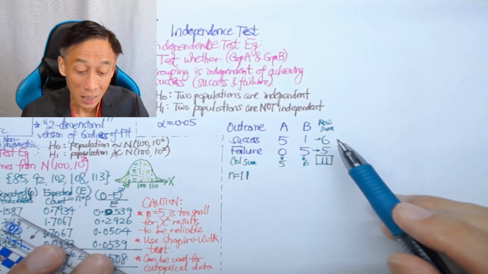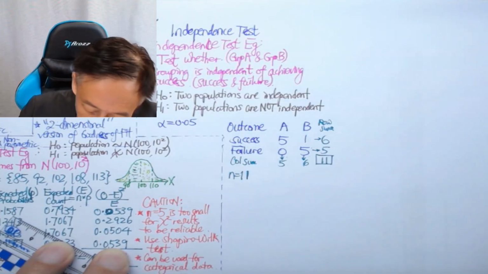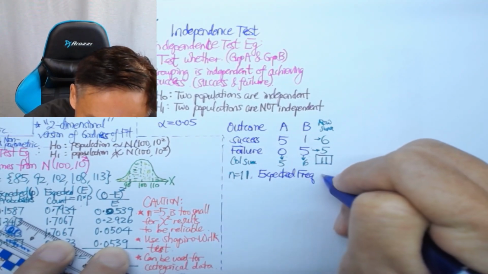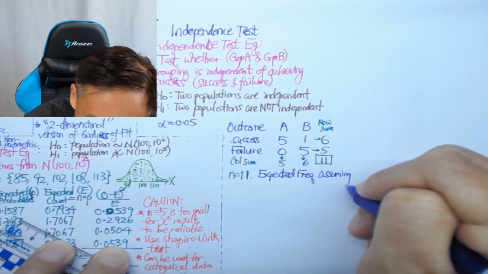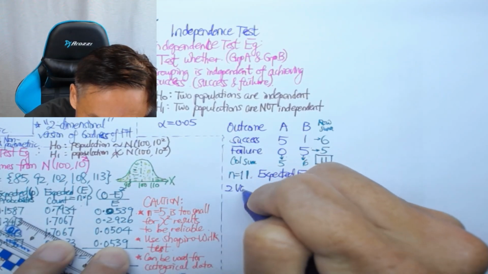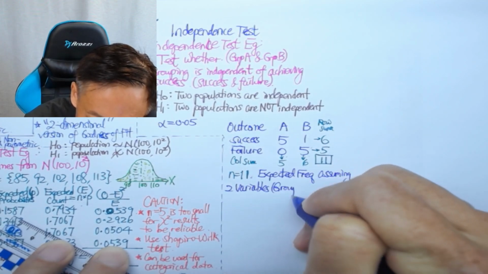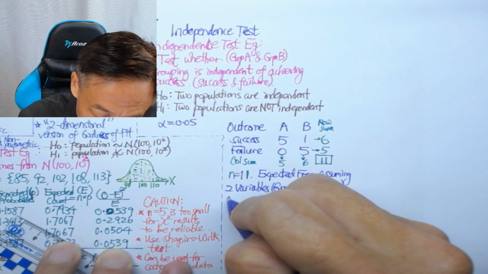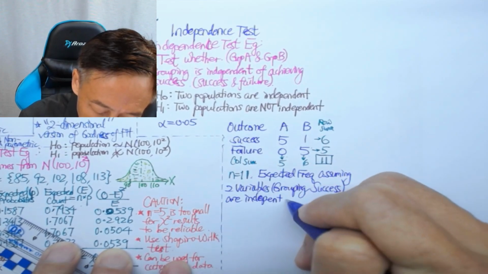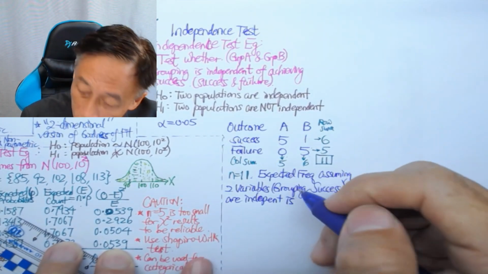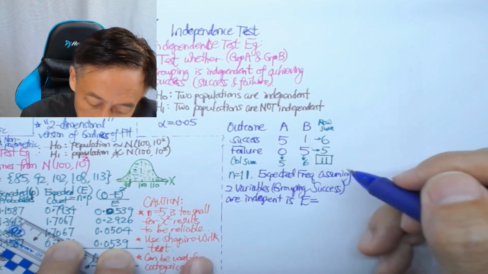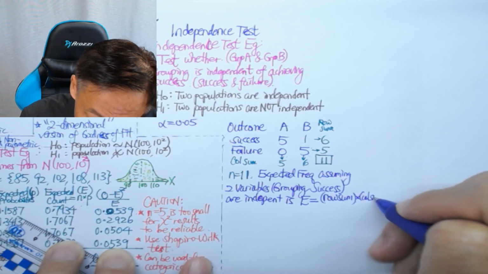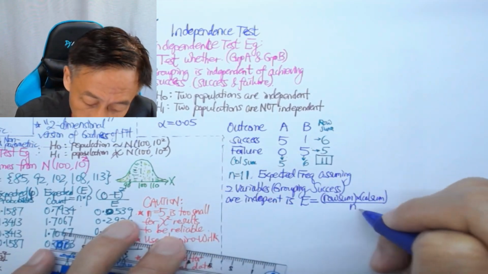But for now, let's take it that the expected frequency or count, assuming two variables, in this case the grouping variable and the achieving success variable, are independent, is given by the formula: expected frequency equals the row sum times the column sum divided by n, the total count.